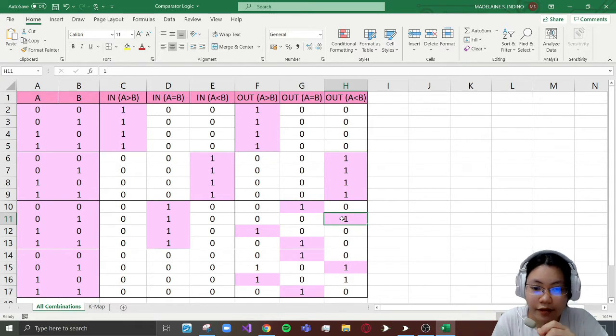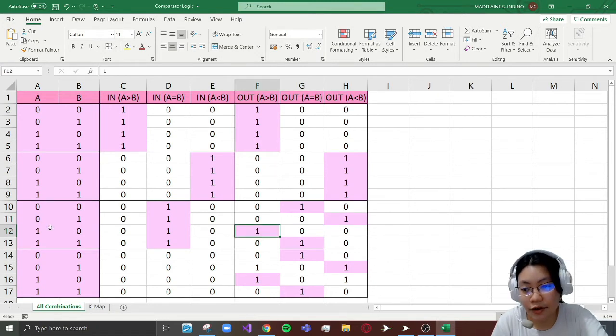And our most significant bit is A in our case. So the same goes for when A is turned on and B is turned off.